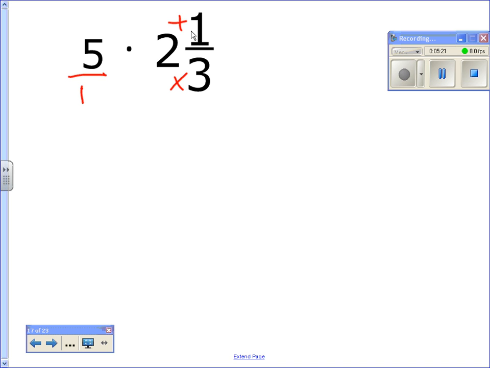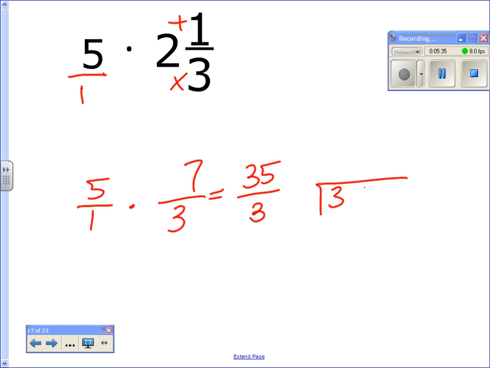So this is going to be 2 times 3 is 6, plus 1 is 7 thirds, and then 5 over 1, and I can't cross simplify anything there, so this becomes 35 over 3, and then I have to bow tie that answer. 3 goes into 3 one time, minus 3 is 0. I bring down my 5, 3 goes into 5 one time, minus 3 is 2. So my answer is 11 and 2 thirds.